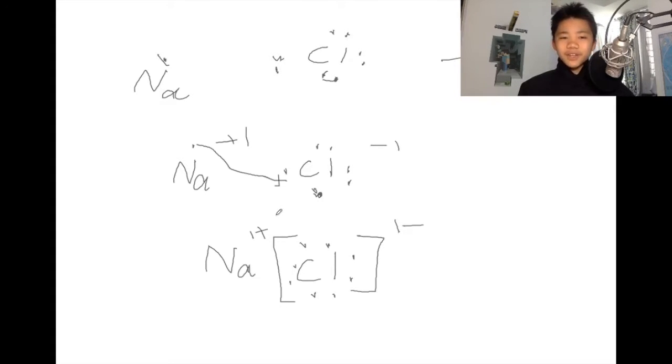And if there are more atoms, for example, oxygen with its 6 valence electrons and 2 hydrogens.